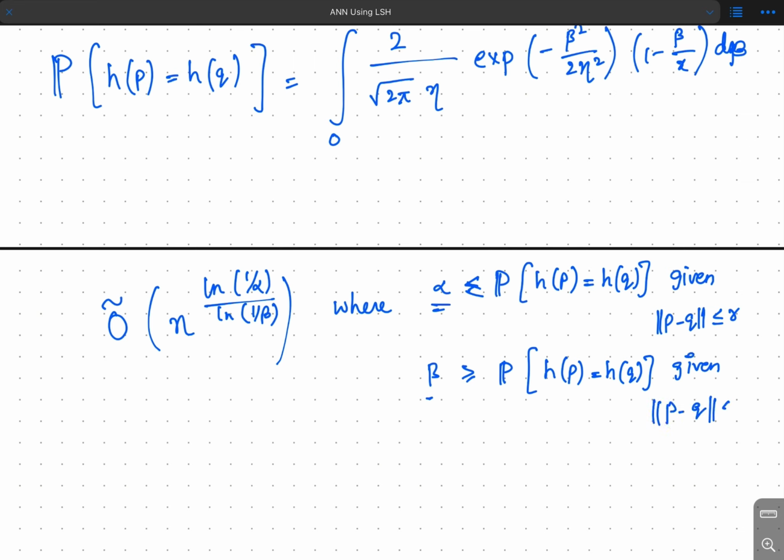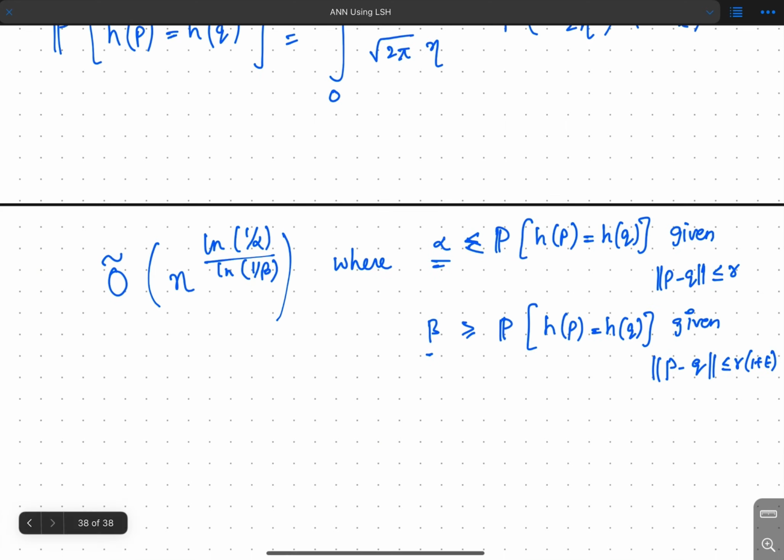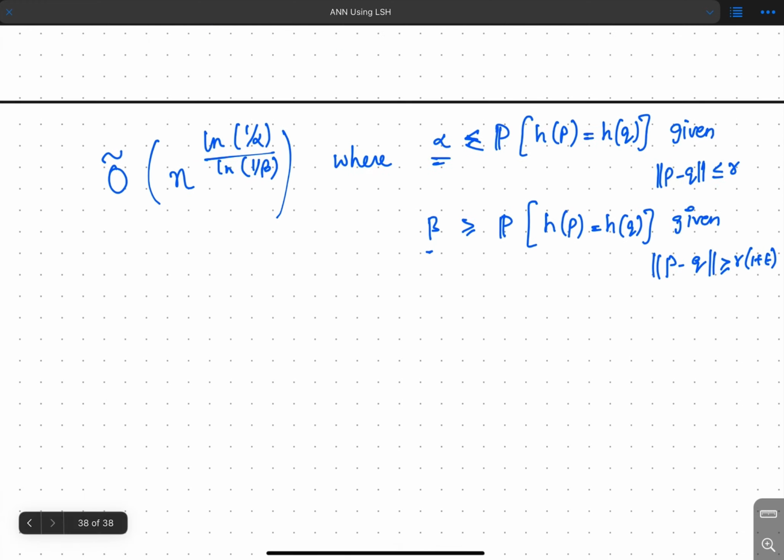What we are trying to distinguish is between R and R times 1 plus epsilon.